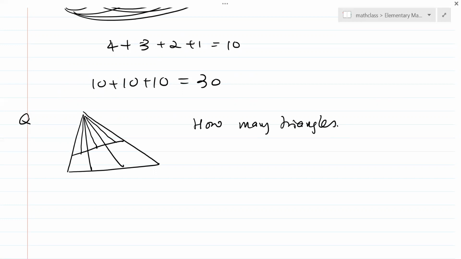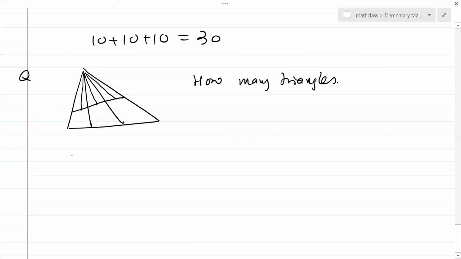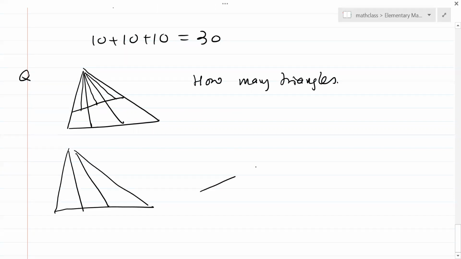My hint is the triangles only come from this one and the other one, and just add them together, right? Then no other triangles.